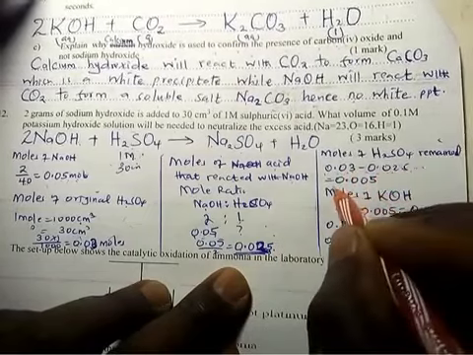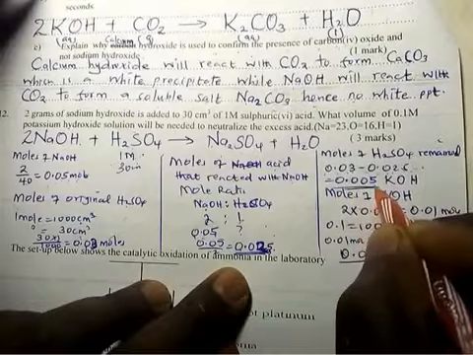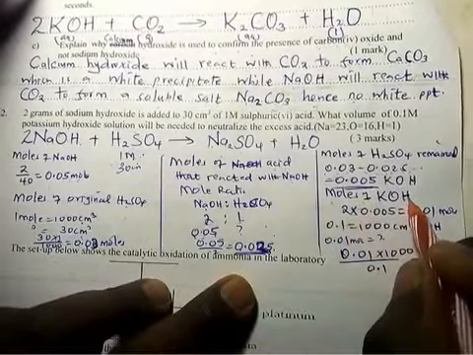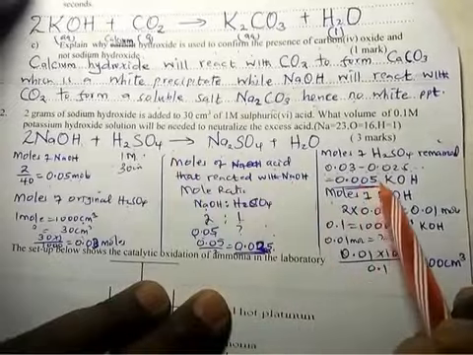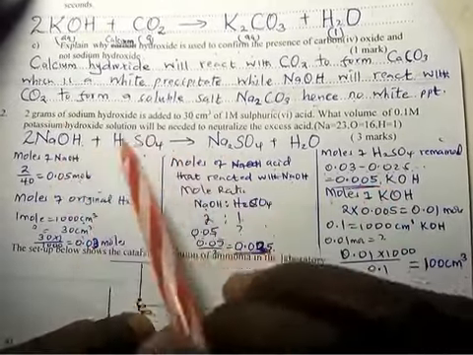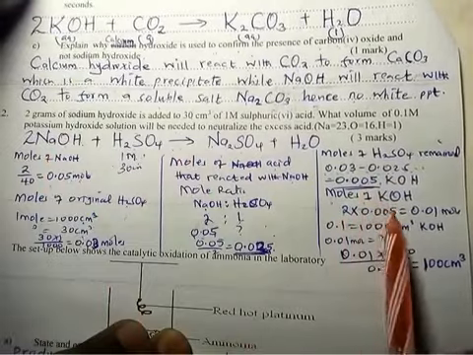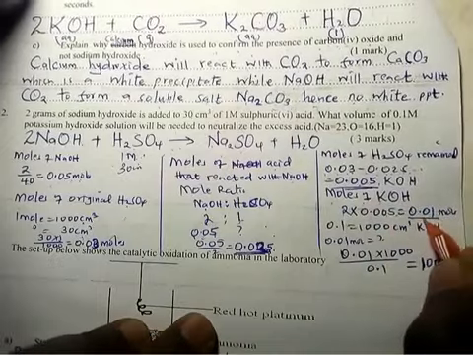So yenye react na potassium hydroxide ni hii sulfuric acid, number of moles yenye ilibaki. So moles of potassium hydroxide itakuwa twice kwa sababu the equation will be the same. Itakuwa twice, ndio maana hapa ni 2 times hii moles. So this is the number of moles of potassium hydroxide.